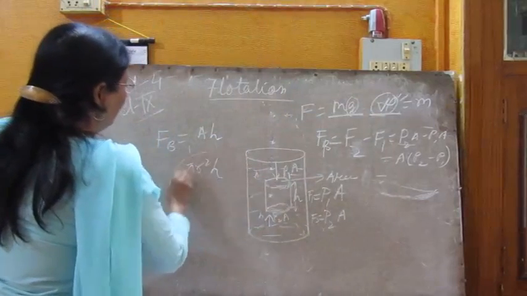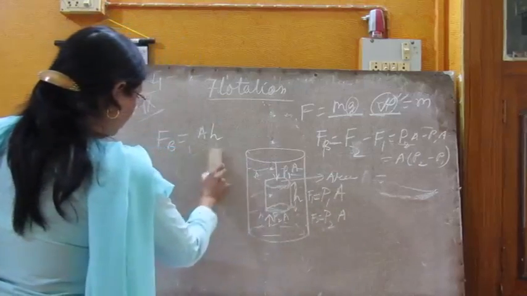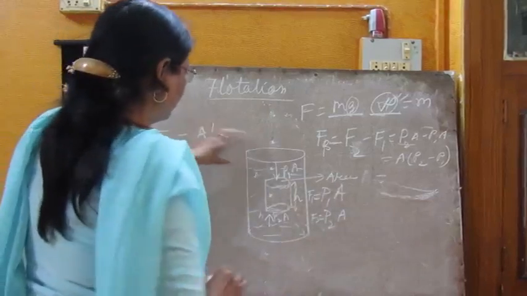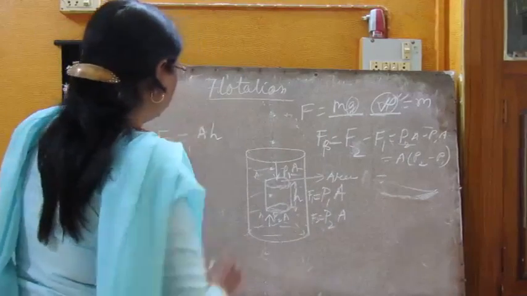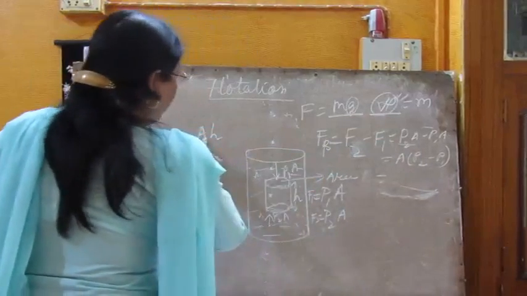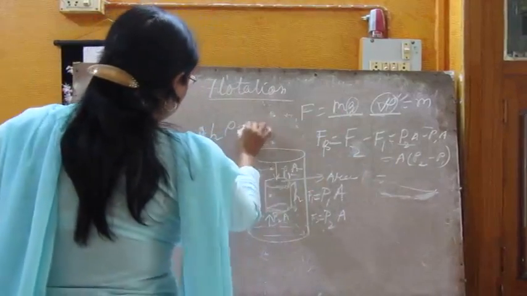Instead of pi r square, I can write A, the area of cross section. So for V I can write AH, and then into rho and g.